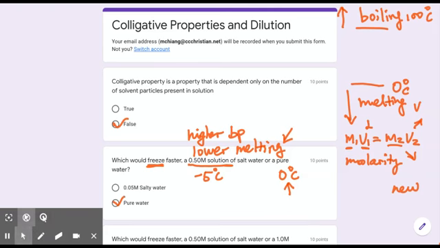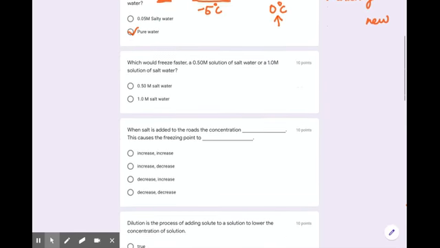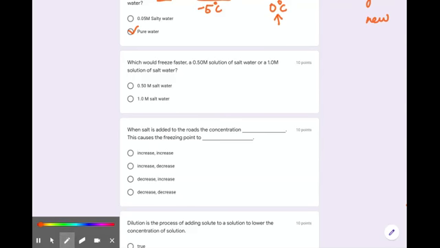And next, which will freeze faster? Oh, it's the same thing. If you want to freeze faster, the lighter impurity would go faster, okay?